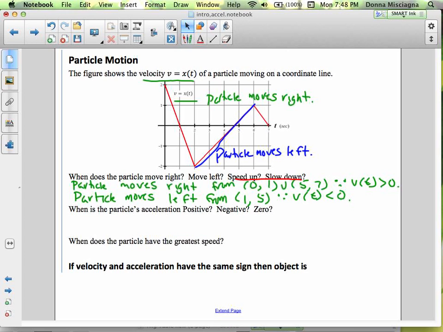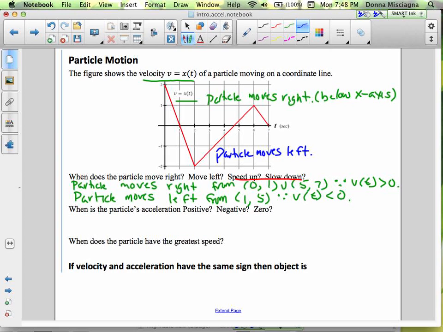Actually, let me not write in blue, right next to it. It makes it seem like the particle is moving left on that line. Let me just clarify this. I'd hate for you to later look at this and say, what? It's not moving left on that blue line there. Oops. But apparently I wanted to answer the other half first. So particle moves right because we're above the x-axis.